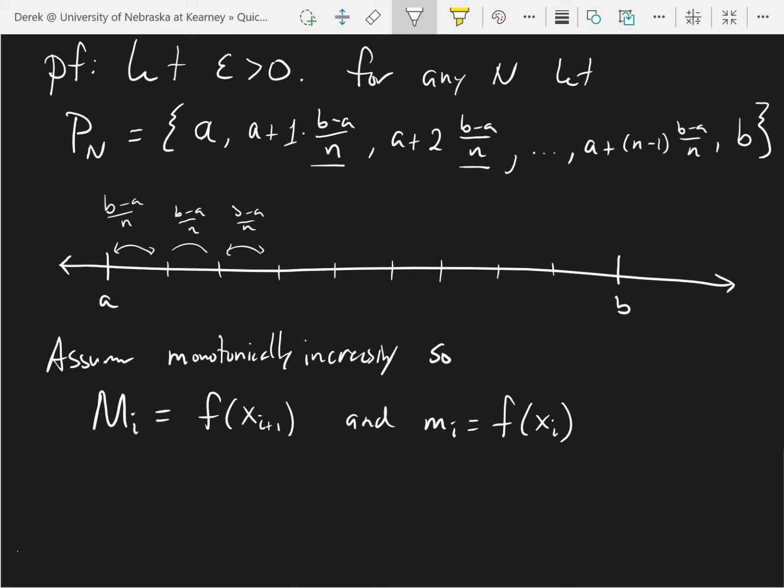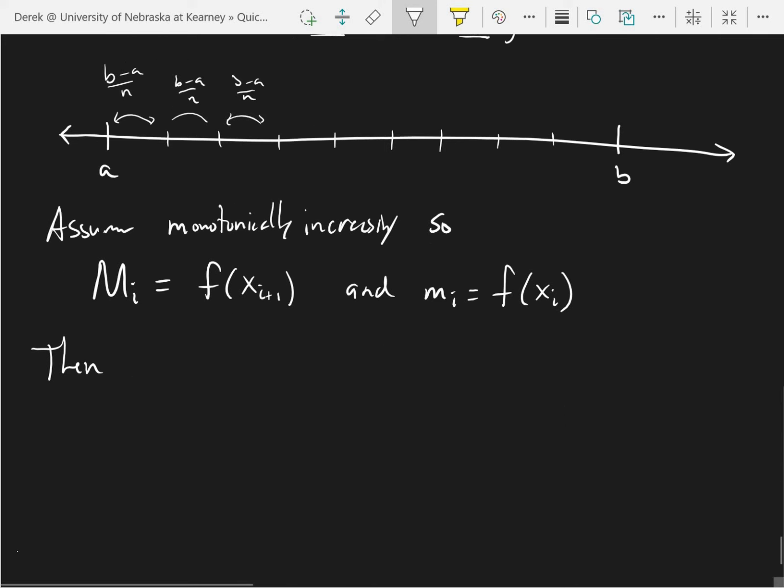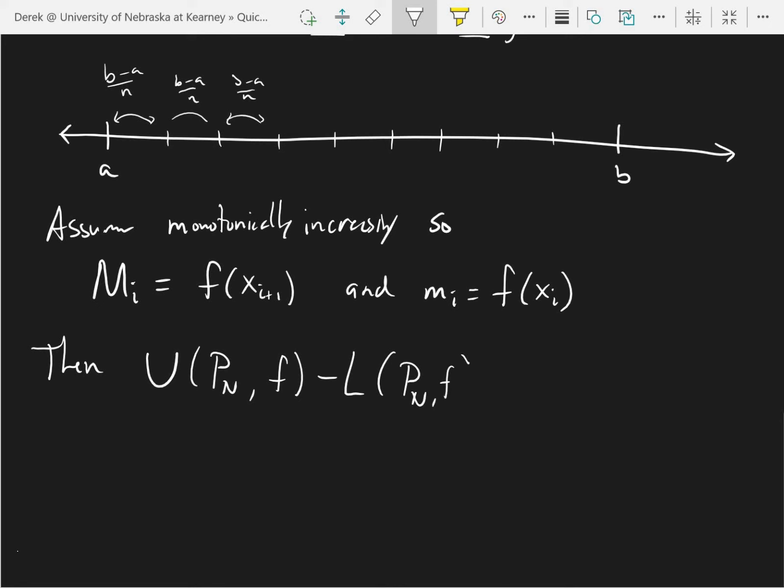Then the upper sum with P_n as my partition minus the lower sum with P_n is equal to the sum of f of x_(i+1) minus f of x_i, times (b minus a) over n, from i equals 0 to n minus 1.